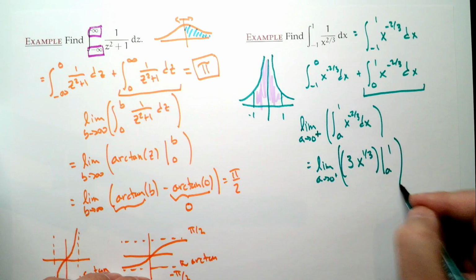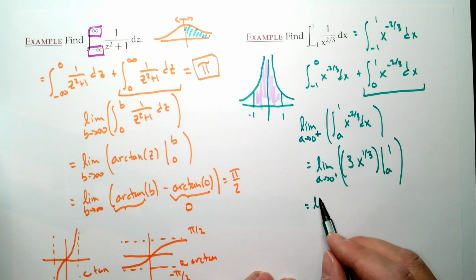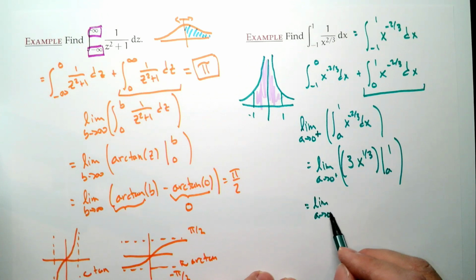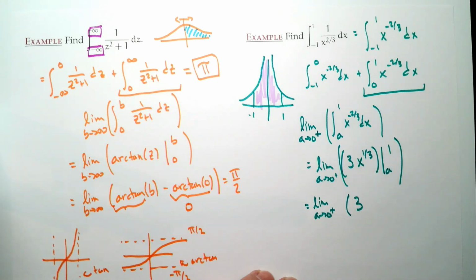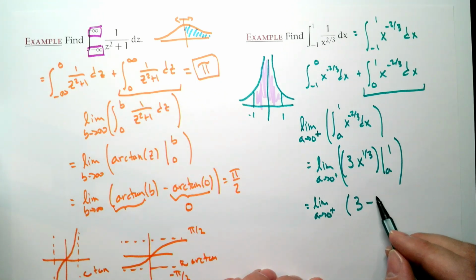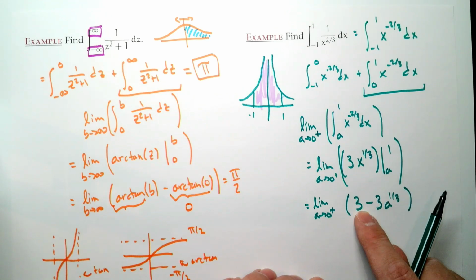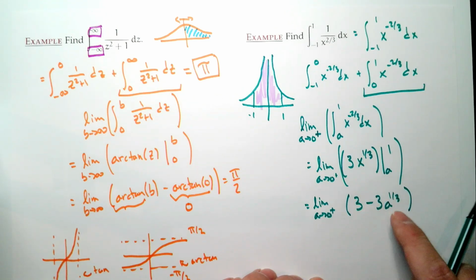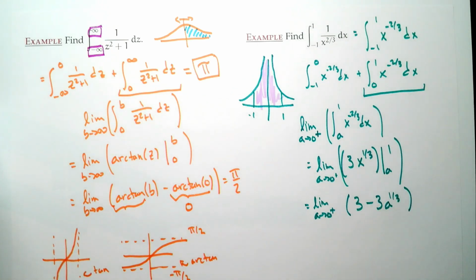Whoops, too many parentheses. Okay. So this is equal to the limit, as a goes to 0 from above, of 3 times 1 to the 1/3, and the cubed root of 1 is 1. Good. Minus 3 times a to the 1/3. Well, 3 is 3. Nothing's going to happen with that. What happens to the cubed root of a as we approach 0?